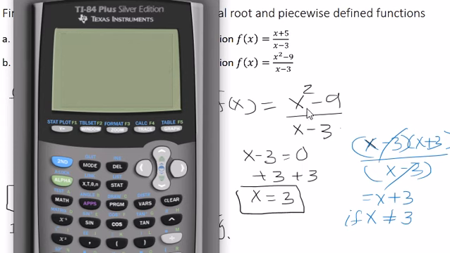So I'm going to enter this expression x squared minus 9 over x minus 3 into the calculator by pressing the y equals editor, and I have the X,T,theta,n key here. So let's just press that to evoke the variable x, and then I have a square there, so x squared, and then minus 9, and I have to divide this whole thing by x minus 3, so I have to insert the parentheses right before x.